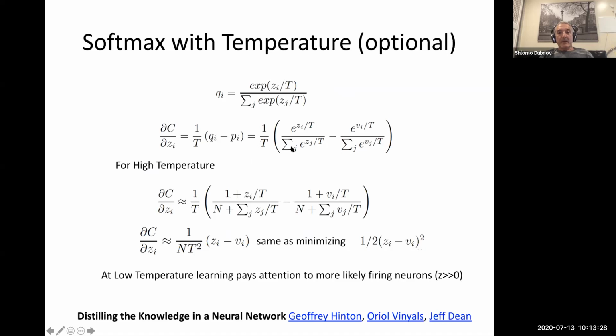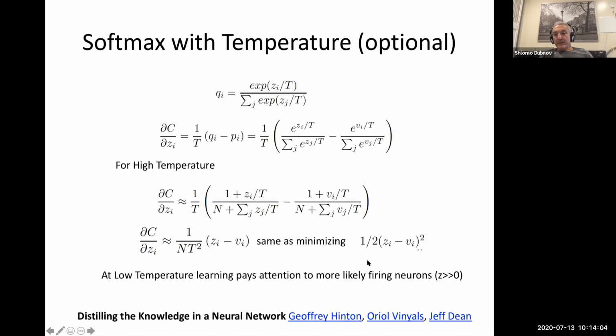Why am I bringing this up? If you run through all these derivations, you can see that for high temperature, we can approximate this expression with the Taylor approximation. Then we can assume that the sums of Zi's and sums of Vi's are 0. So you can write the algebra and get to this point. At high temperatures, relatively high compared to the activation levels of Z and V, the cross entropy update rule becomes the same as minimizing a Euclidean distance.